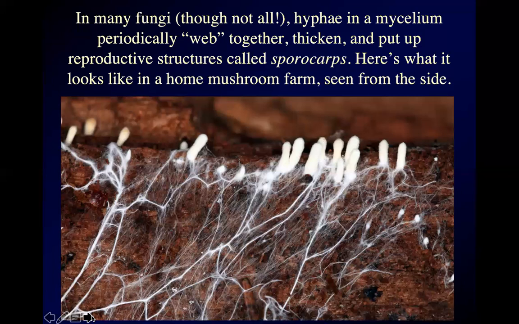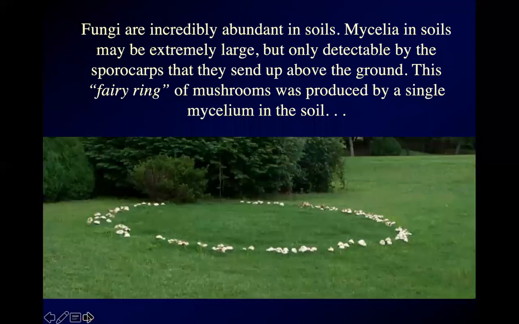Below that, all of that stuff that looks like spider webs, all of those white filaments that are branching and joining and tangling up together, that's hyphae making up a big mycelium. So all of these sporocarps are being made by one big mycelium. All of these baby mushrooms are connected underground by all of these fungus filaments, all these hyphae. That's what this would look like in soil.